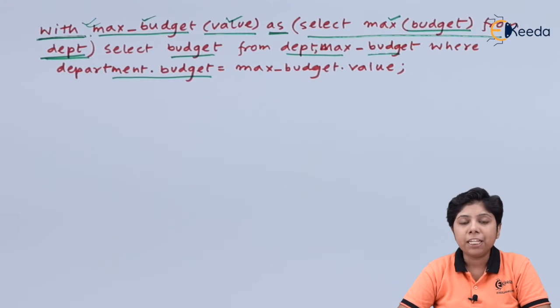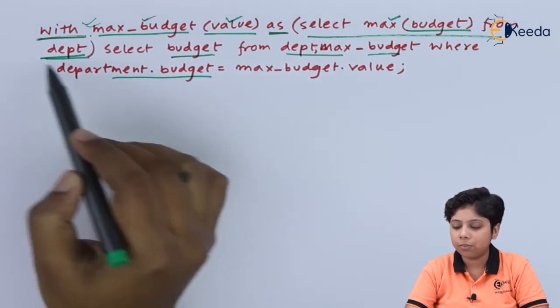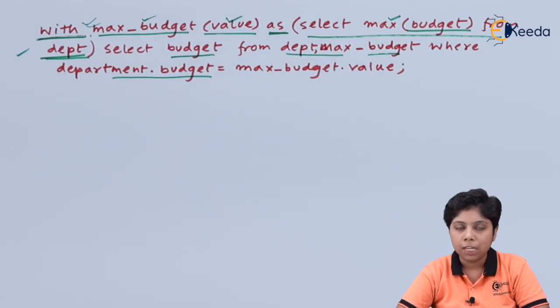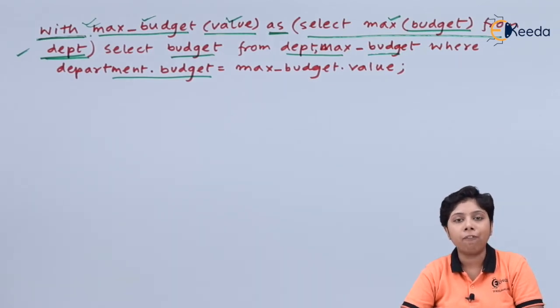Now, the main use of the with clause lies in complex queries. This is a very simple query, and we could use this shorter subquery inside a from clause too. But say we want to find the greatest total salary of departments whose total salary is greater than the average salary of all the departments.